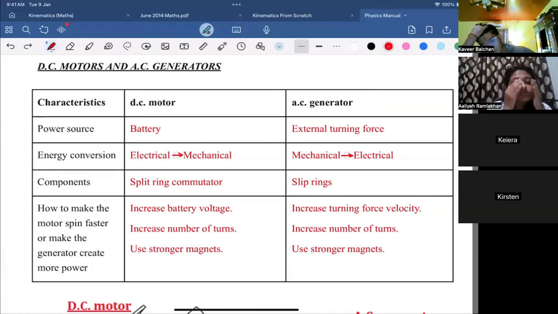How to make the motor spin faster or make the generator create more power. In a DC motor, increase the battery voltage, increase the number of turns, and use stronger magnets. And for AC generators, increase the turning speed, increase the number of turns, and use stronger magnets.